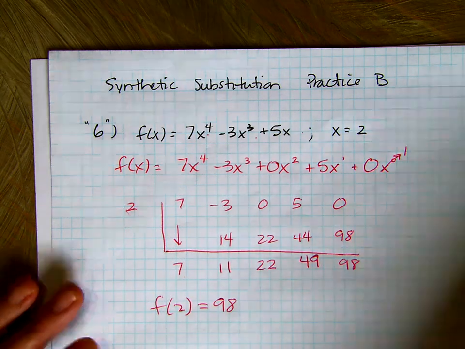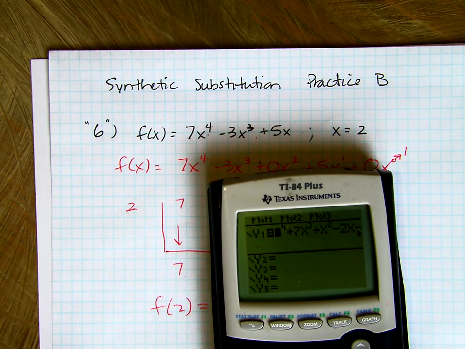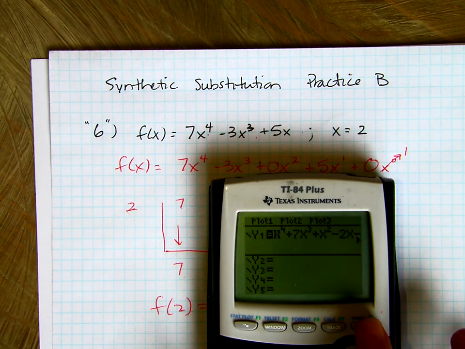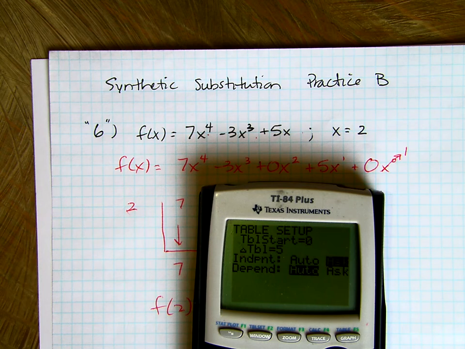And I'm not going to take the time to check that, but again, you could go to y equals, plug in that function, and then go to table setup and tell it you just want to ask it a particular value. There's actually another way to do this.